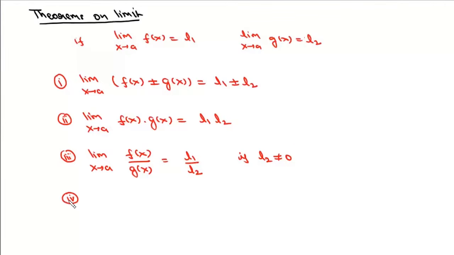Fourth one is limit x tends to a f(x) to the power g(x). It will be equal to L1 to the power L2 if L1 to the power L2 is a real number.